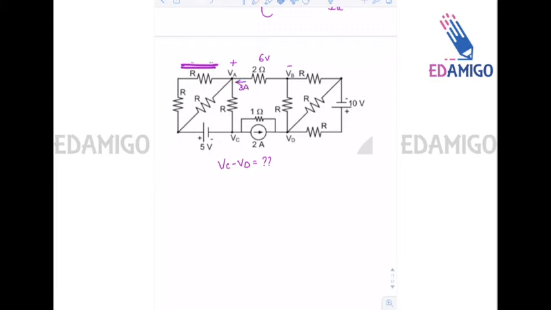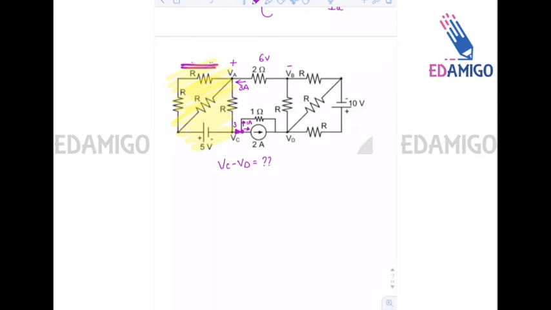So in this portion, the left part of the circuit, 3 amperes enter. So 3 ampere has to leave through terminal C or node C. Now since 3 ampere is coming at this node and 2 ampere is going here, 1 ampere will go at the top.